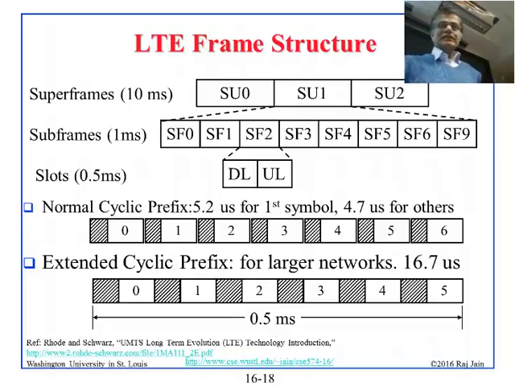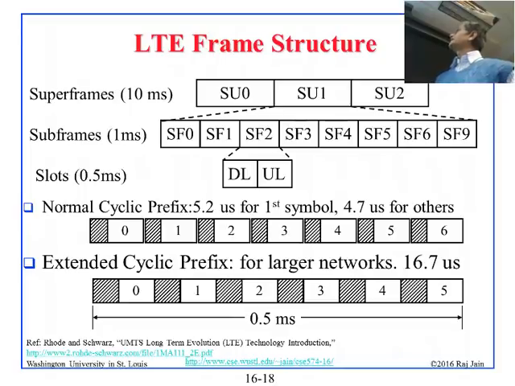But anyway, so next we come to the frame structure. How are the bits sent on the air? So just like we saw in GSM, there was a super frame that consisted of a frame and so on and so forth, right? The same thing is done here. There is a super frame which is 10 milliseconds long. So this is super frame 0, super frame 1, super frame 2.